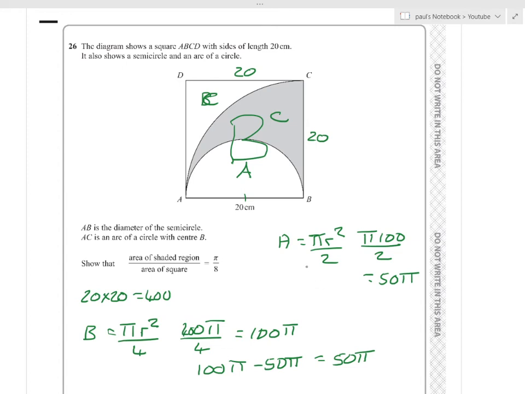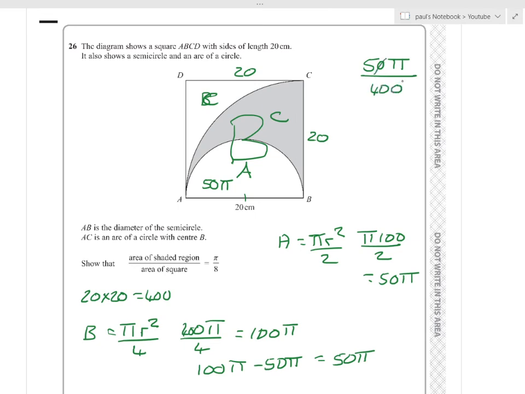So what have I got here then? I've got this bit is 50 pi. B, the whole thing, I mean, is 100 pi. Well, we've got area of the shaded region is 100 pi. Oh, the area of the square. So I've got the area of the shaded region is 50 pi. And the area of the square is 400.